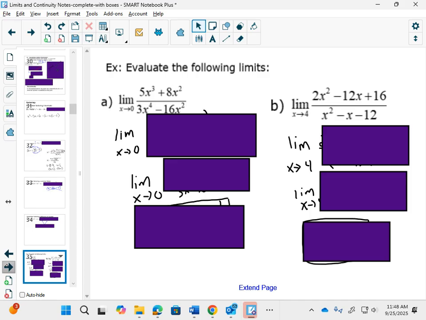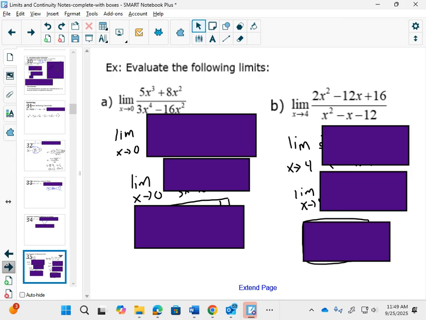Can you see if you tried to plug in 0 in that first one, you would get 0 over 0. So this is the indeterminate form, but do not write equals 0 over 0. Put in brackets, 0 over 0 is the indeterminate form, but never do that. This is actually going to be equal to a number. How do we find that number?